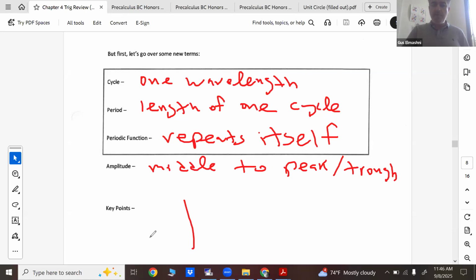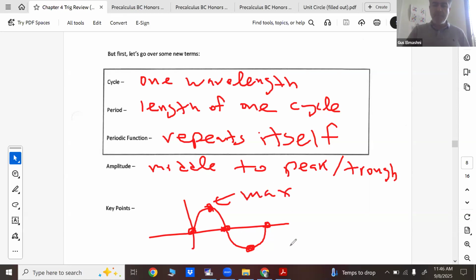Key points. We have our max. We have our min. And I don't know what we can call these. We can call them the middle.